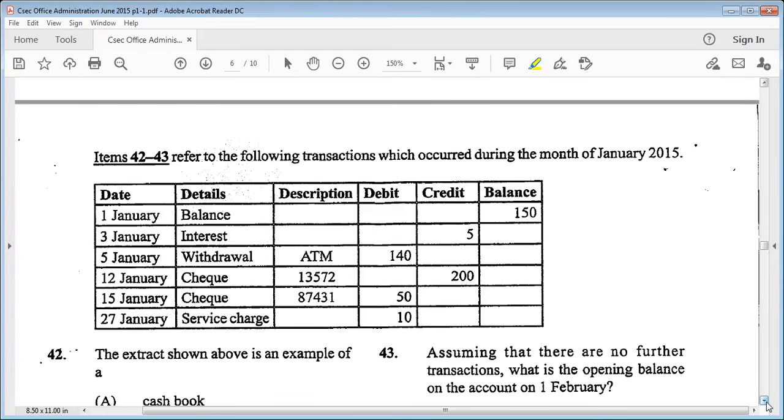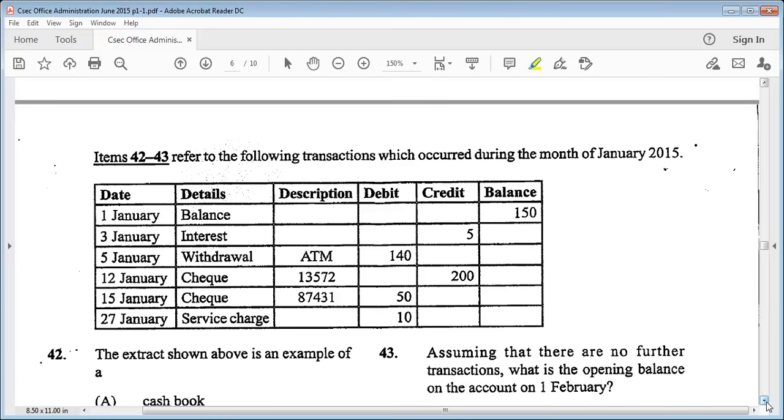So let's go on to questions 42 to 43. It says, items 42 to 43 refer to the following transactions which occurred during the month of January 2015. So we have our details: description, debit, credit, balance. On the 1st of January, there was a balance of $150. Then on the 3rd of January, interest was received, a credit of $5.